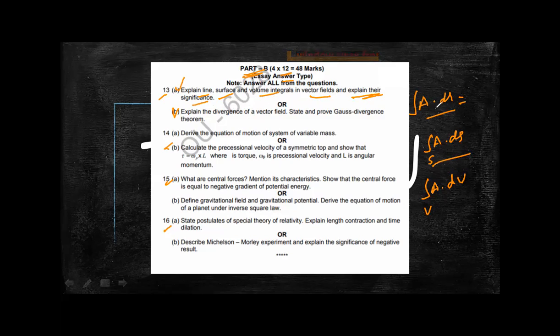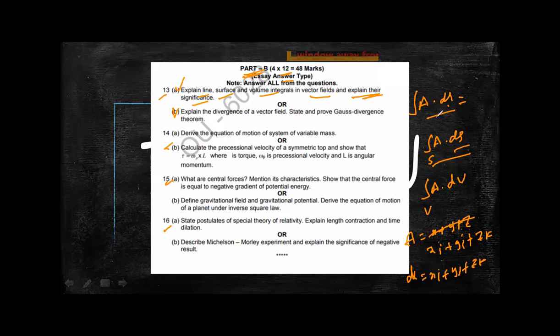You have to give definitions and also one example. You can take A as xi plus yj plus zk, and do everything. For dl you can take xi plus yj plus zk.